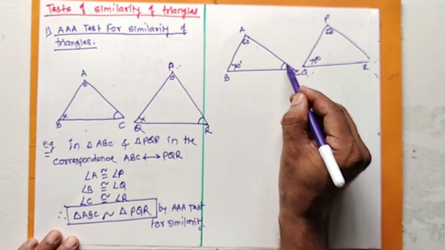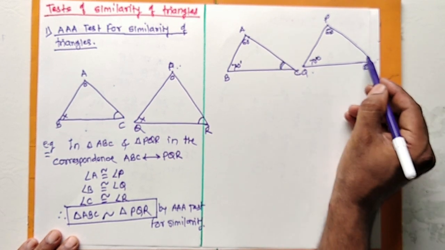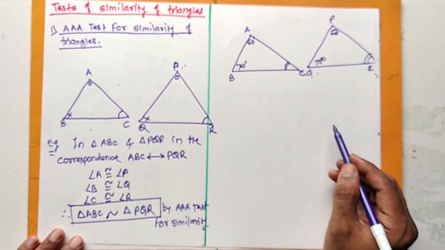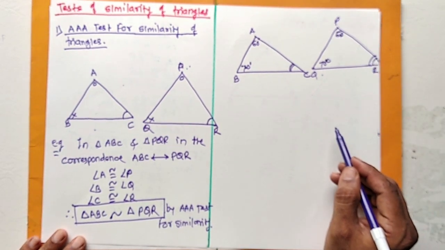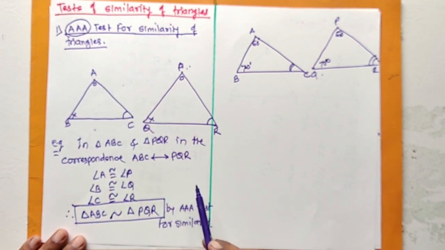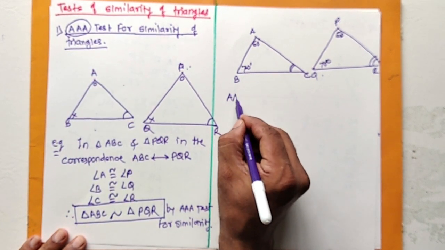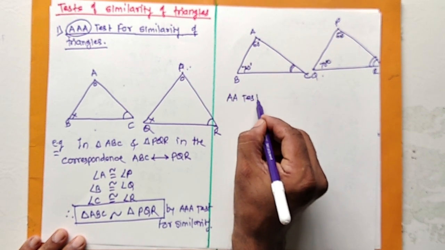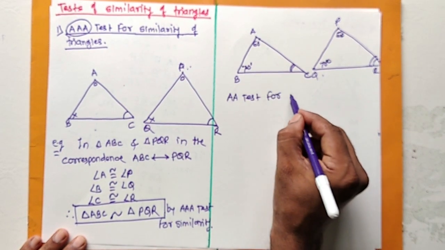Then the remaining third angle automatically becomes congruent. Now we can change the statement like this: AA test for similarity.